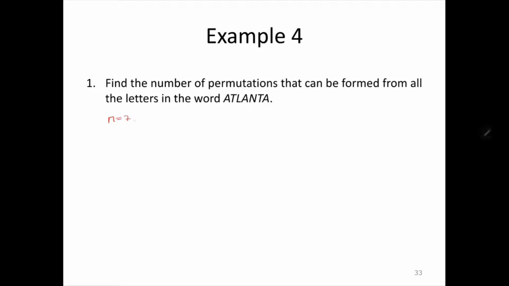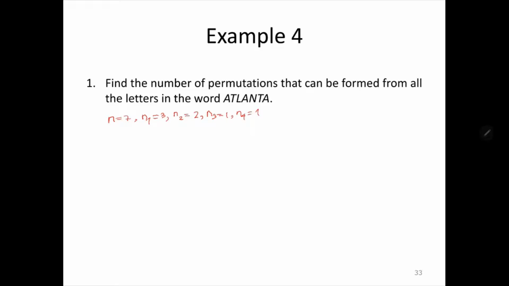So we say this is the first group of objects which are alike, so n1 is 3. What else? We have T, so n2 is 2. And then we have L, so n3 is 1. We also have N, and n4 is 1.